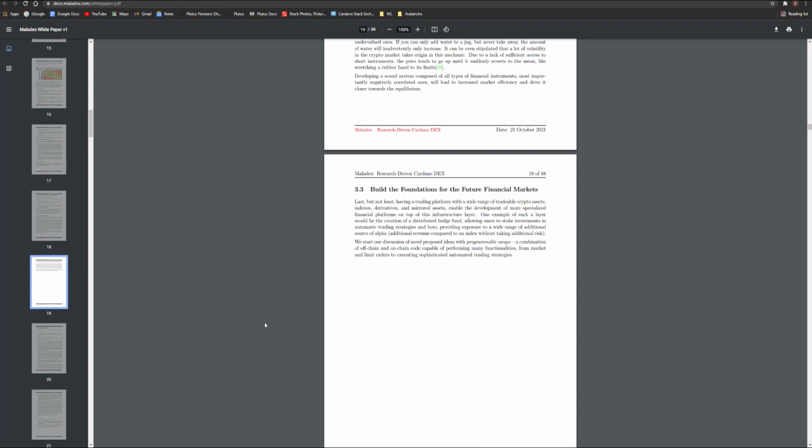That's pretty big. So of all the different DEXEs, a lot of the DEXEs just want to do very simple capabilities, very simple swaps. Maladex are going after the big kahuna here. They want to take all that advanced trading capabilities and move it into the blockchain and disrupt the hedge fund industry.